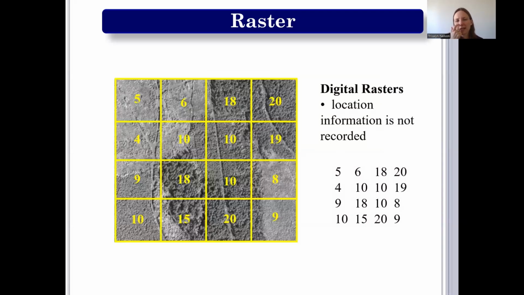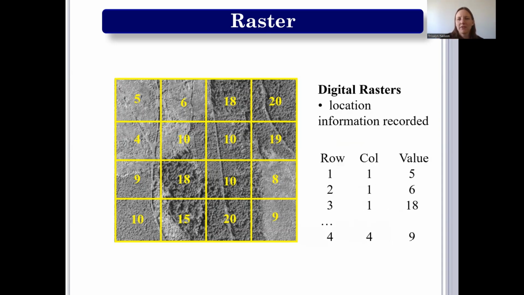When you store that data, one of the ways that you would store it is just like a matrix. So you would call this some kind of matrix storage, where you don't actually reference the spatial location, but you just have your starting point, kind of one of your corners, and then you know how big each of your raster grid cells is, and then you can just store all the data, making it efficient.